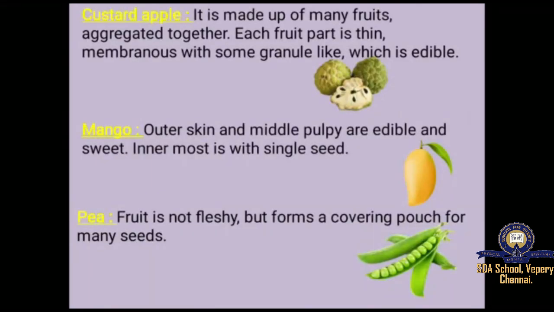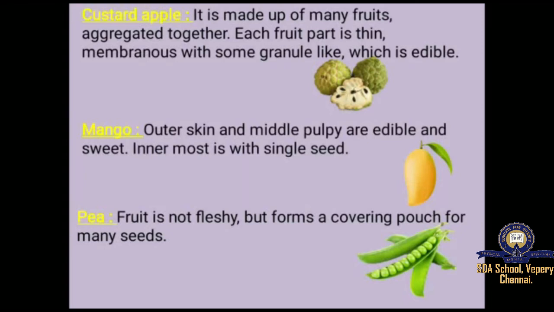Look at these fruits. Custard apple is made up of many fruits agglutinated together. Each fruit part is thin, membranous, with some granule-like parts, which is edible. When you look at mango, the outer skin and middle pulp are edible and sweet.